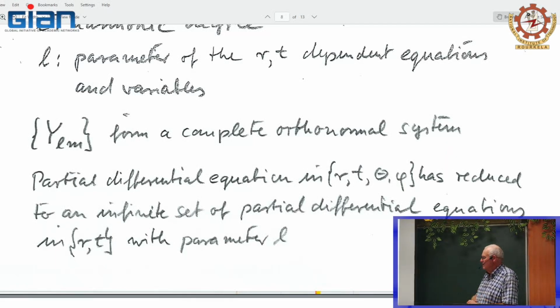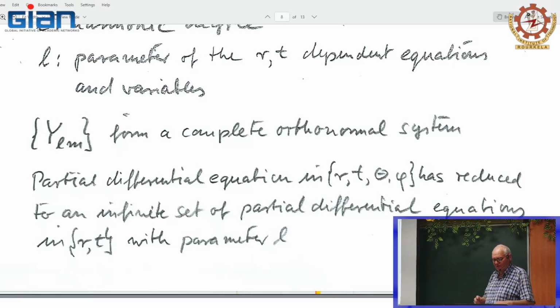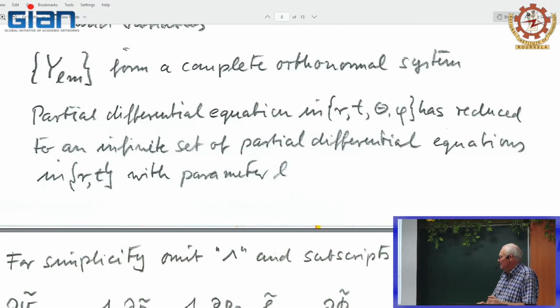It may be separated into various equations, one equation per coefficient of a Y_lm function.